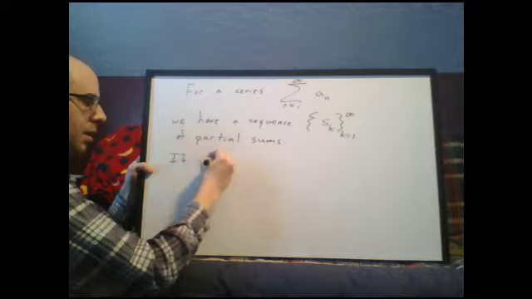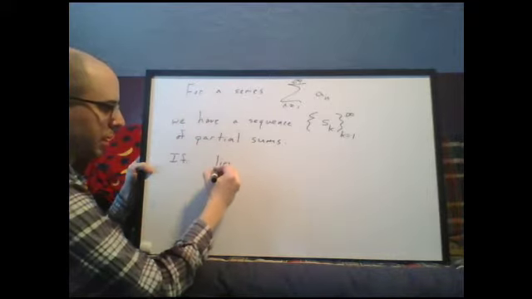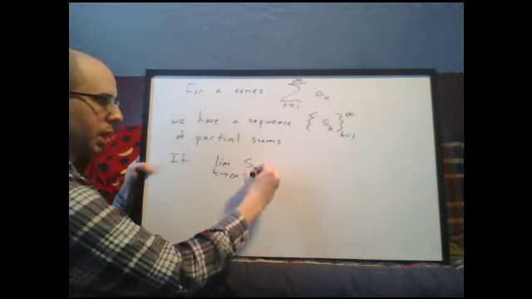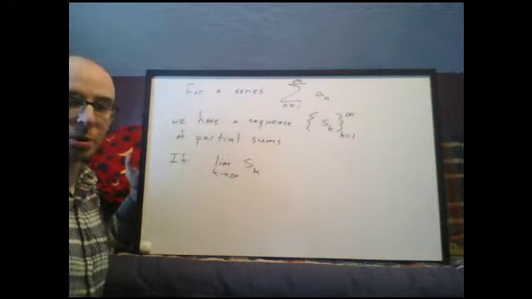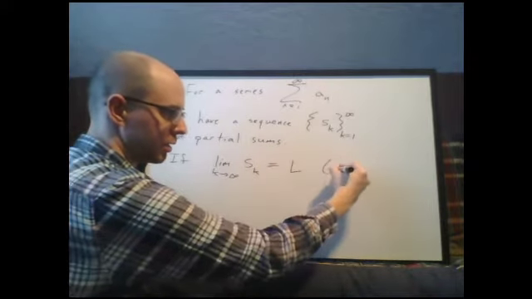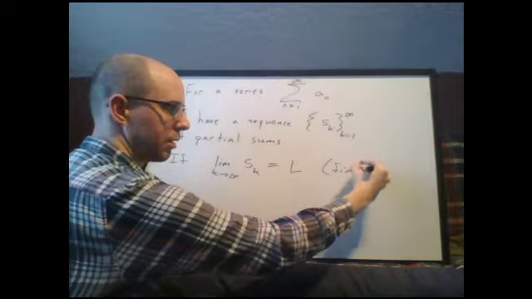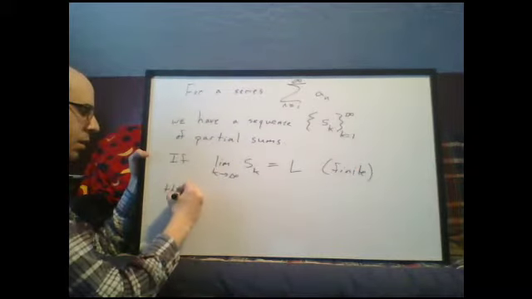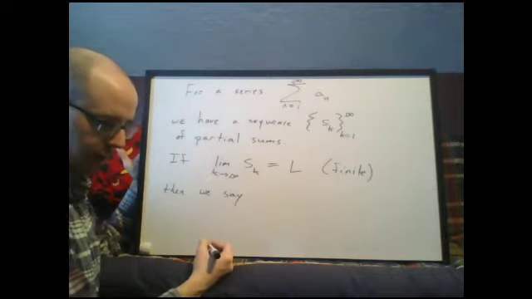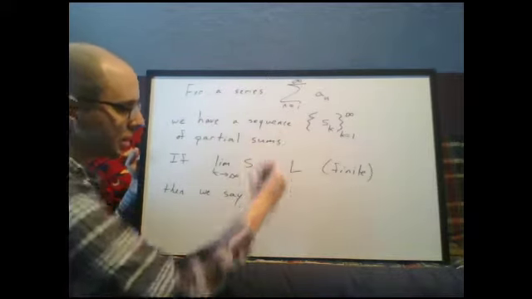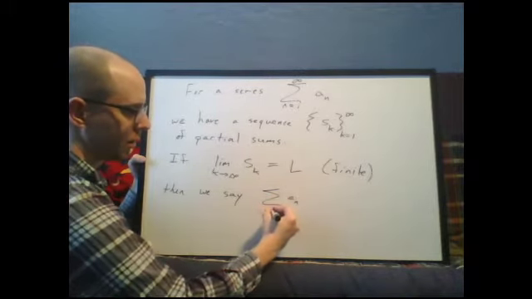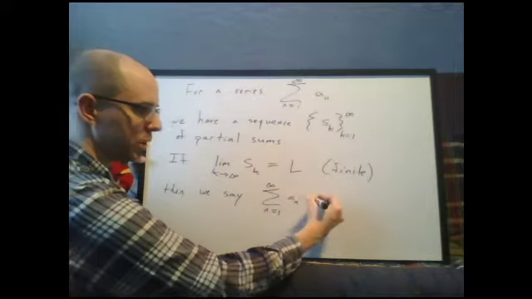If the limit as k approaches infinity of S_k, the limit of that sequence of partial sums, equals a number L, and this is finite, then we say the series has value L. This infinite sum, we say equals L.